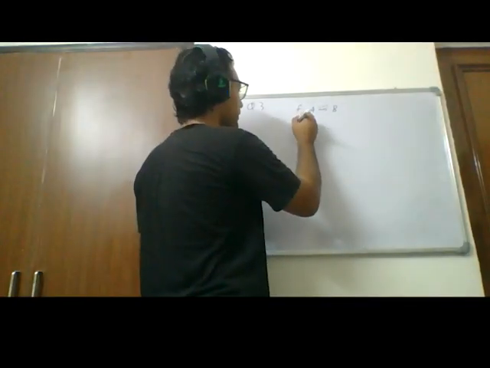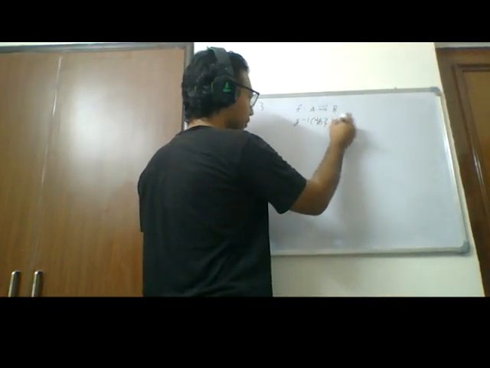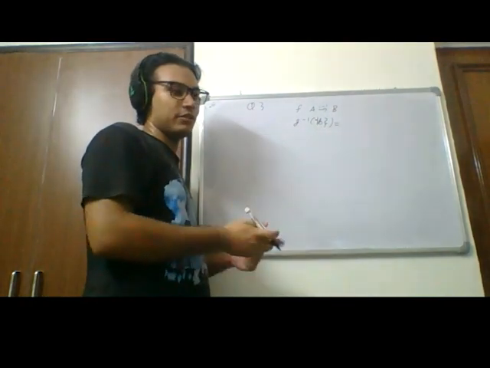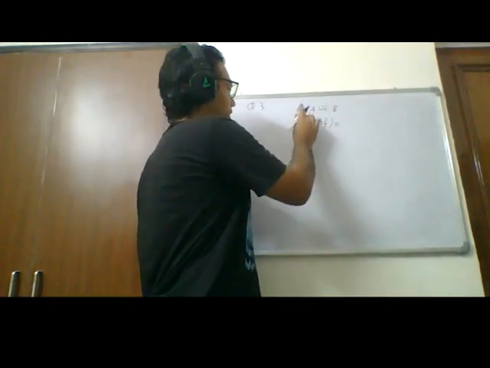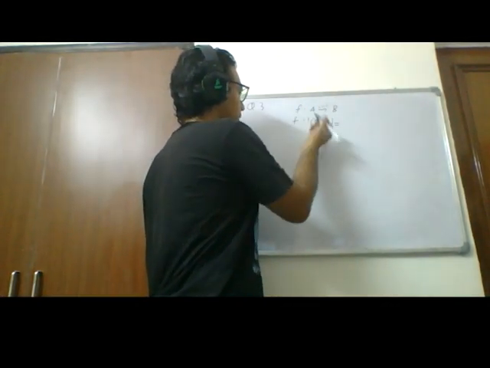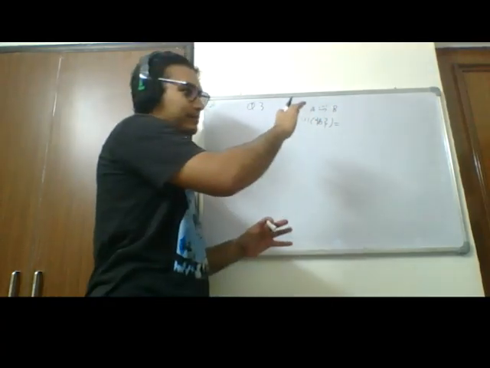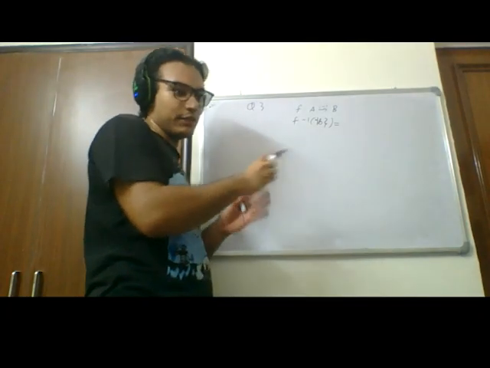Well, f inverse of any member of B is going to be a unique set. It's going to be a singleton. It has to be a singleton, otherwise it will stop being injective. So since it's a singleton, you can remove the brackets, which is a unique operation. It gives you a unique output.